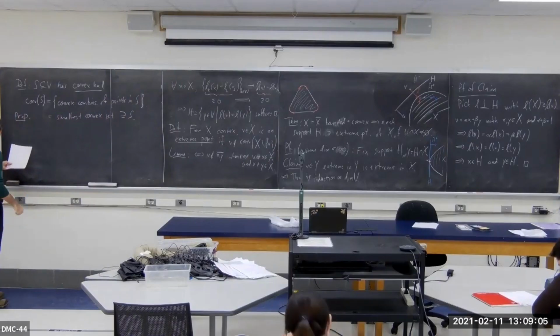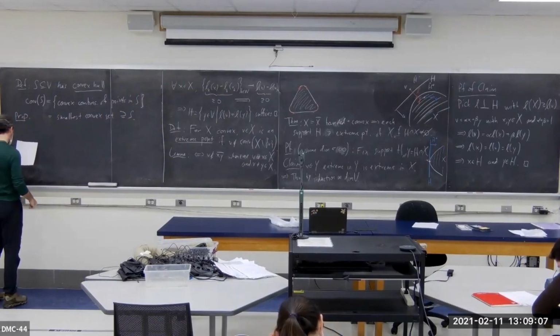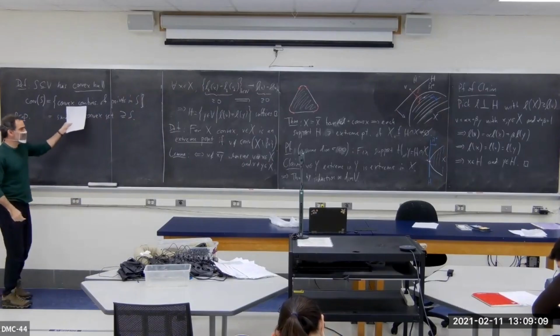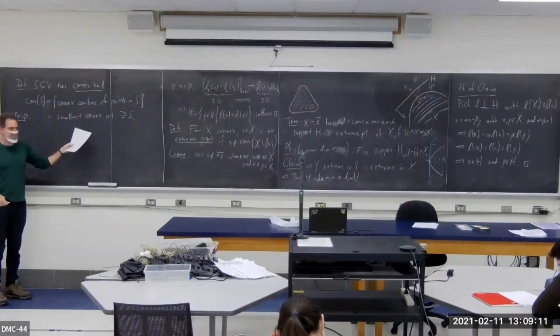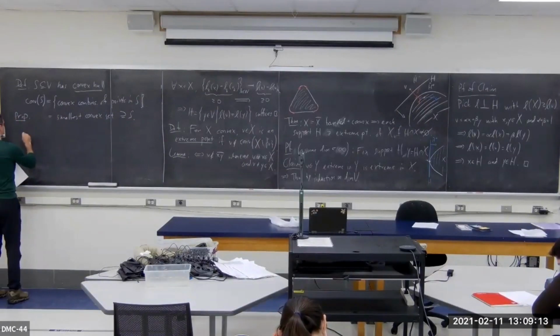But it follows directly from the fact that a convex combination of convex combinations is a convex combination. And so this is property 8.